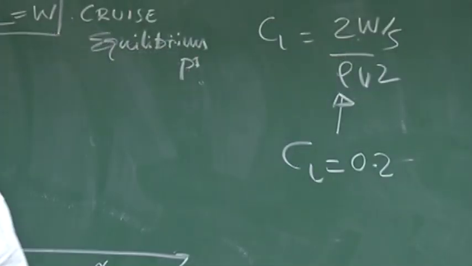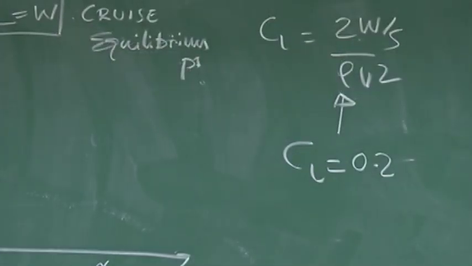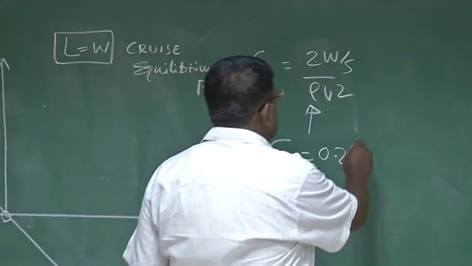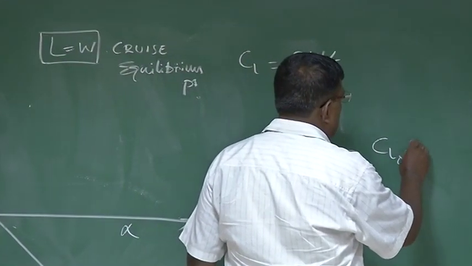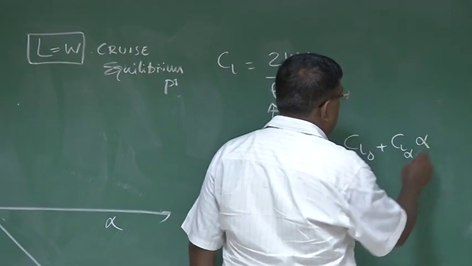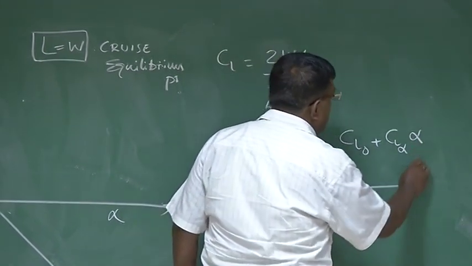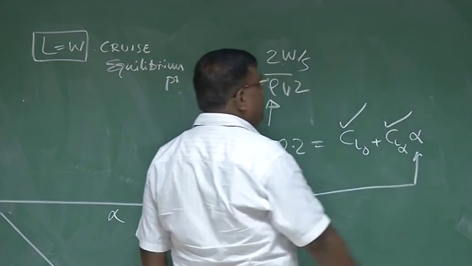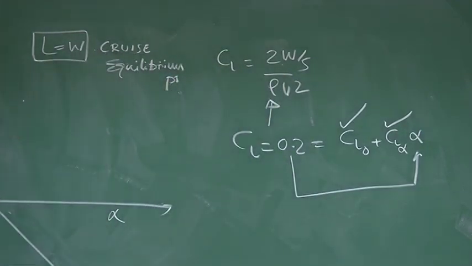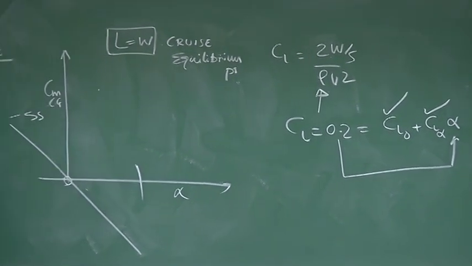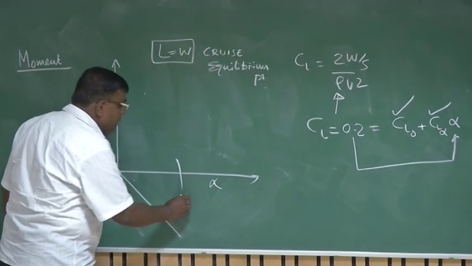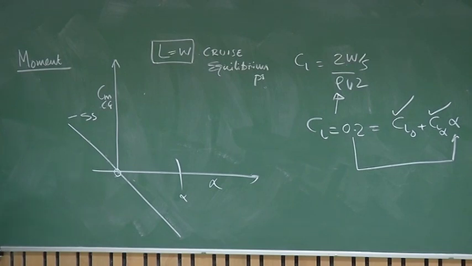The CL of 0.2 will also correspond to a particular angle of attack, because CL is expressed as CL naught plus CL alpha into alpha. So once I know this value, I know the angle required, and that is the angle I want to fly. I want to trim the airplane at that angle, which is a positive angle.